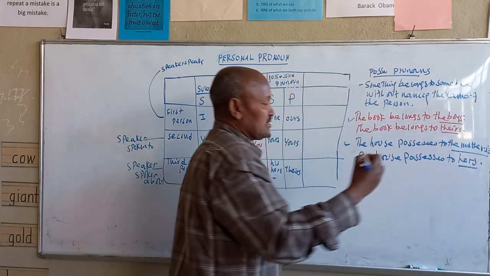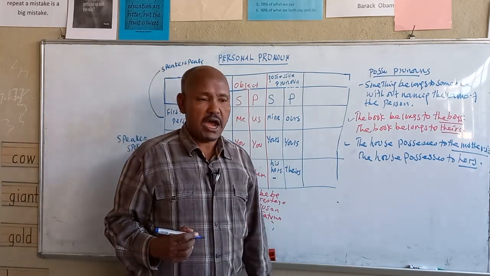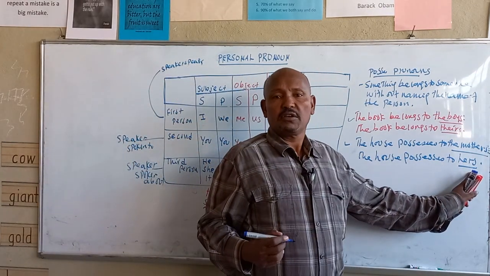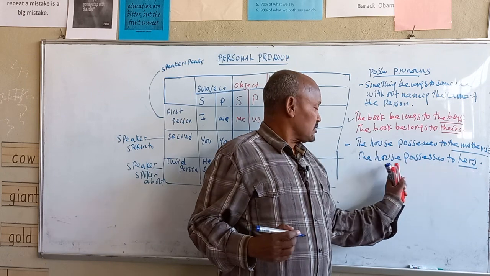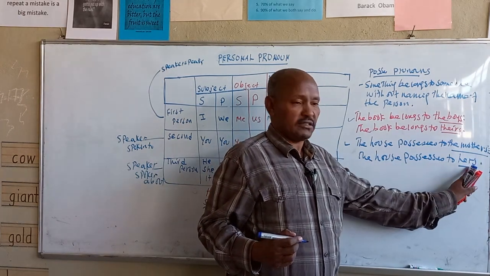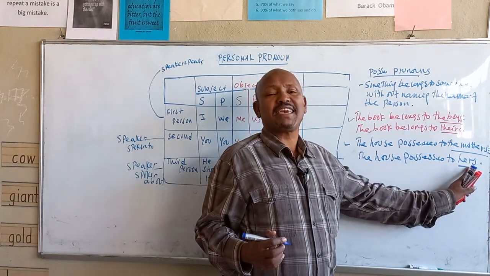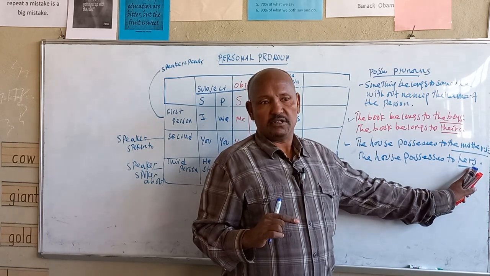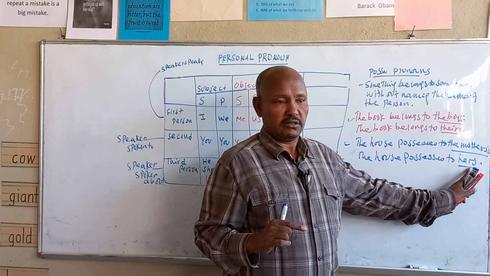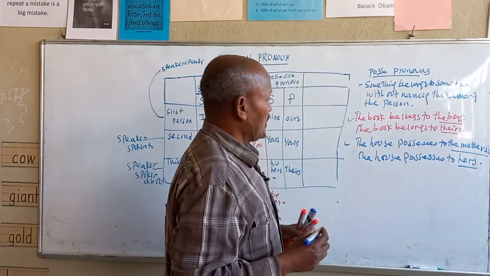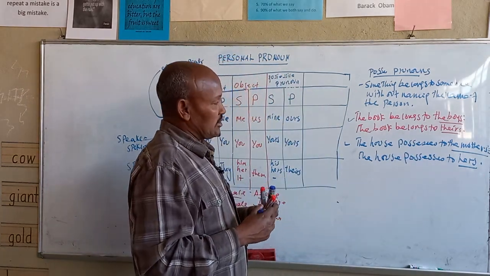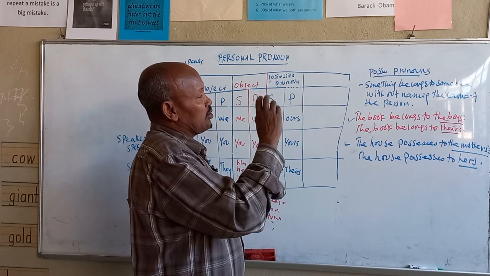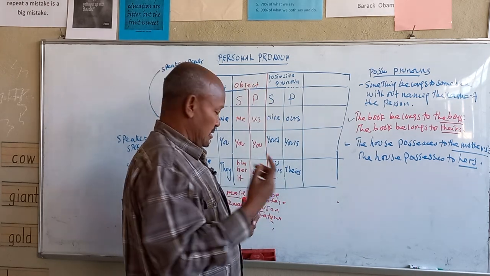Exactly. Hers is called a possessive pronoun. This property belongs to hers, but it doesn't indicate or specify the name of the woman. That is what a possessive pronoun means. So these are some of the examples which show what possessive pronoun means.